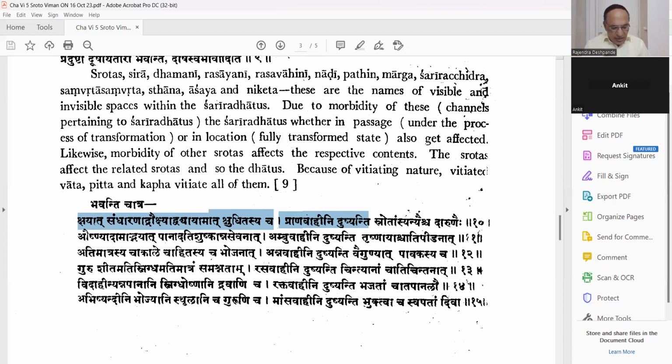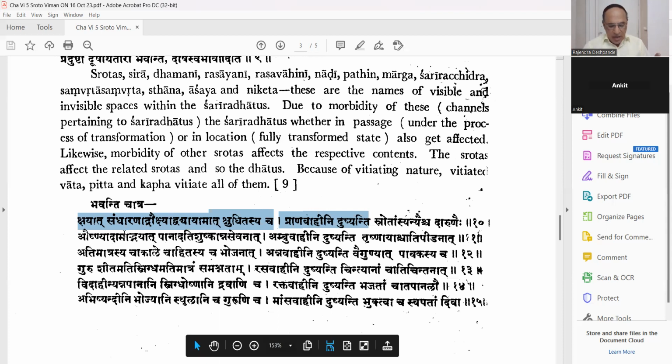Kshayat, regarding the Dhatu Kshaya. There may be Rasakshaya, Raktakshaya, Mausakshaya. Whenever there is a dhatu kshay, definitely that will affect our respiratory system or the Pranavahasrotas. Number 2, Sandharanat. Just see the cursor, Sandharanat. That is the Vega Vidharana.